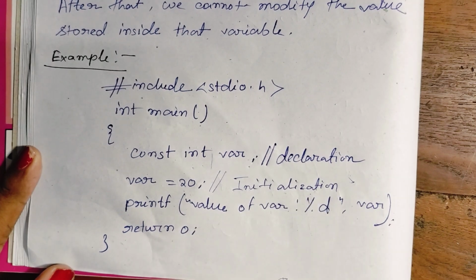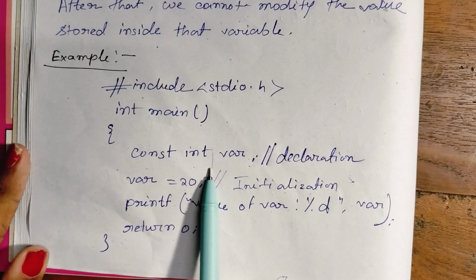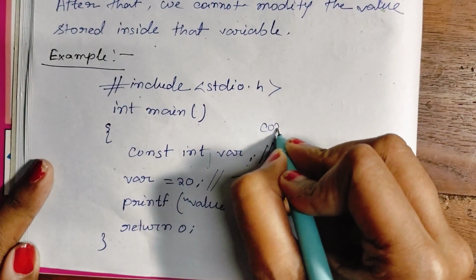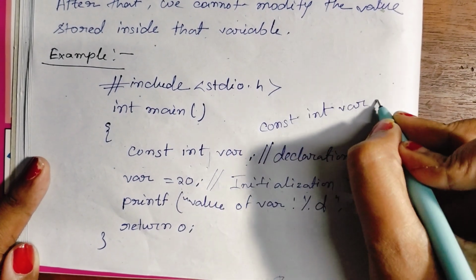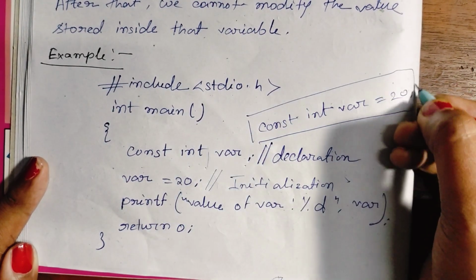We have to declare the constant variable and initialize it in the same line, like this: const int, variable name, and then 20. So this is the correct syntax for declaring.